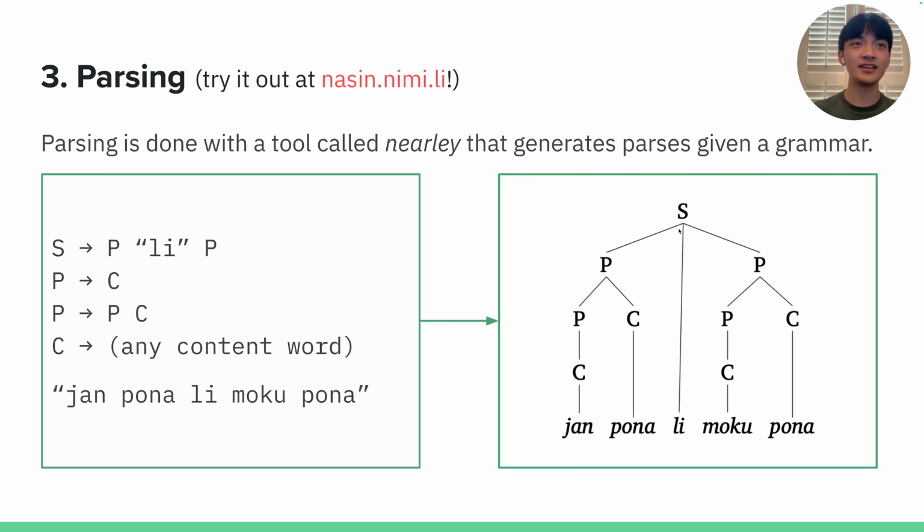We have the sentence, and the sentence is comprised of a phrase, and then li, and then another phrase. This phrase on the left is using this third rule right here that says that a phrase is composed of another phrase and then a content word, and this content word is pona. And then this other phrase right here is just a content word, which is jan. So using this grammar definition, a tool called Nearley that I used is able to take a string of tokens and convert it into this hierarchical structure.